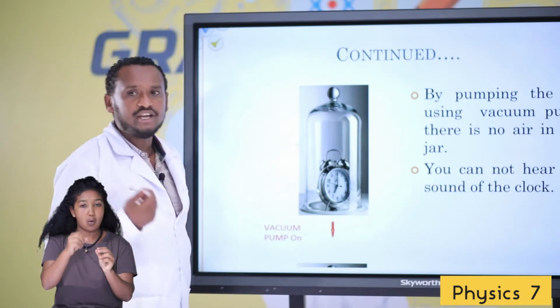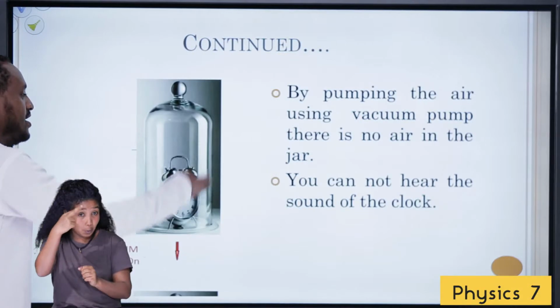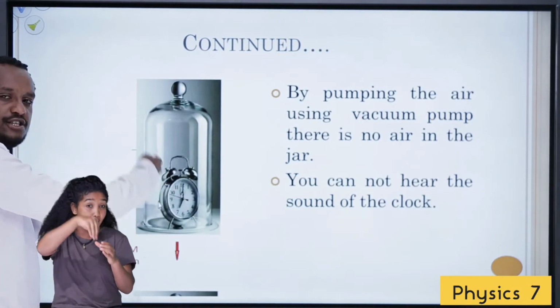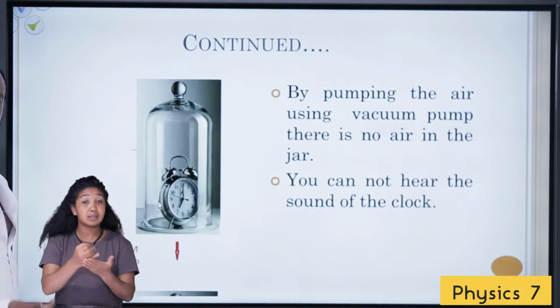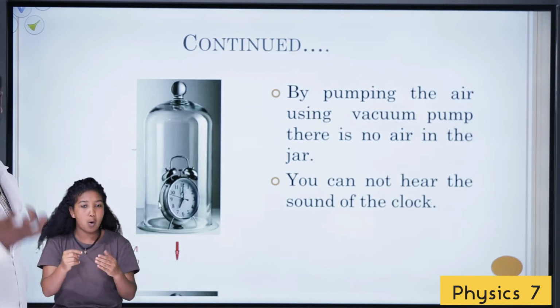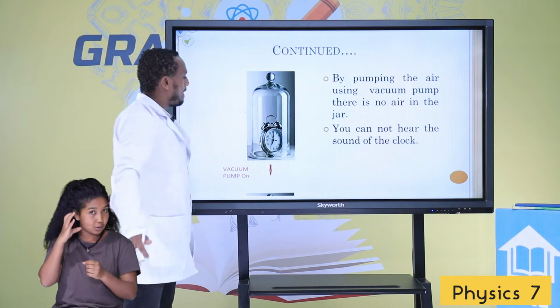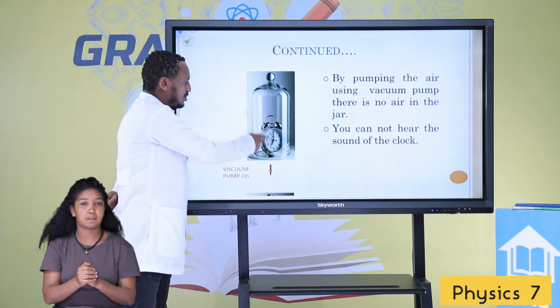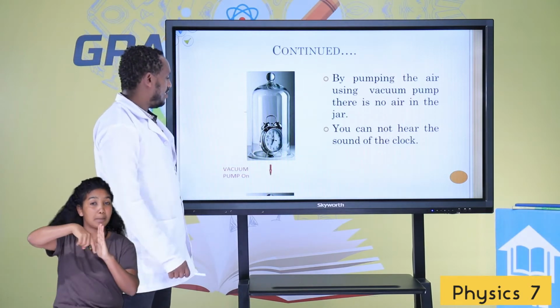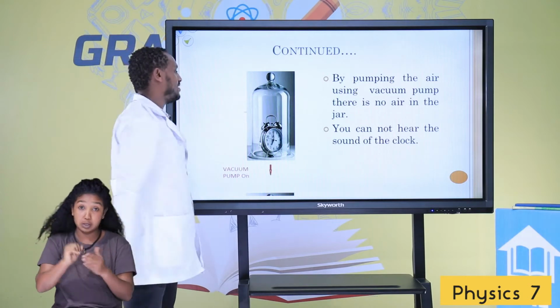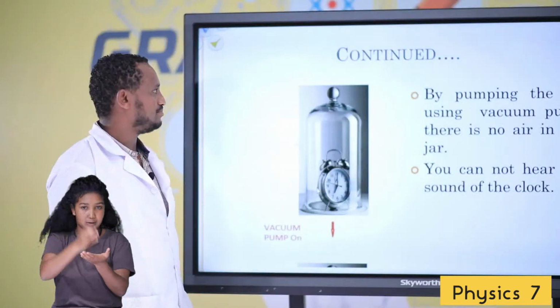No, we cannot hear the sound, because there is no air inside the bell jar, and there is no material or medium carrying sound. So we cannot hear the alarm clock outside, because there is no air inside the bell jar.